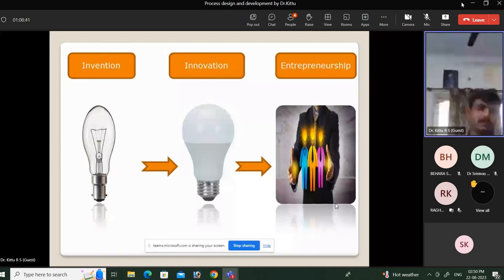I think now you have some idea and clarity about how prototype, design and development are possible.